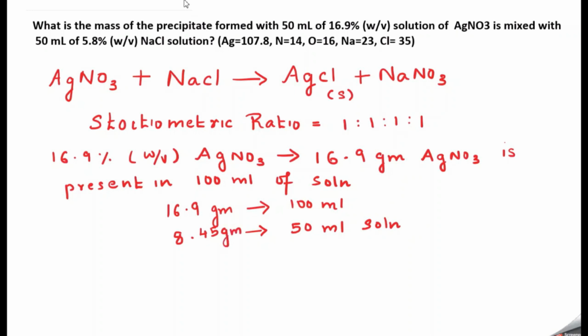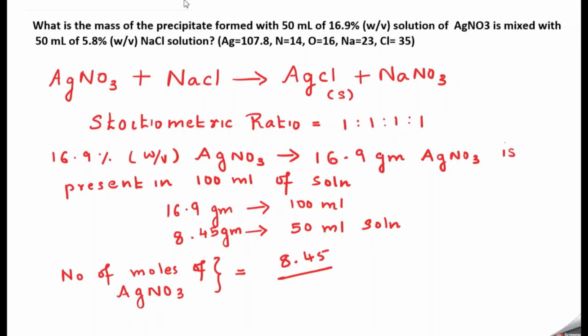Now it is easy to calculate the number of moles of AgNO3. So how can you do that? Number of moles of AgNO3 is equal to, we know, weight in gram divided by molecular mass. So weight in gram, in 50 ml solution how much gram is present? 8.45 divided by molecular mass of AgNO3.